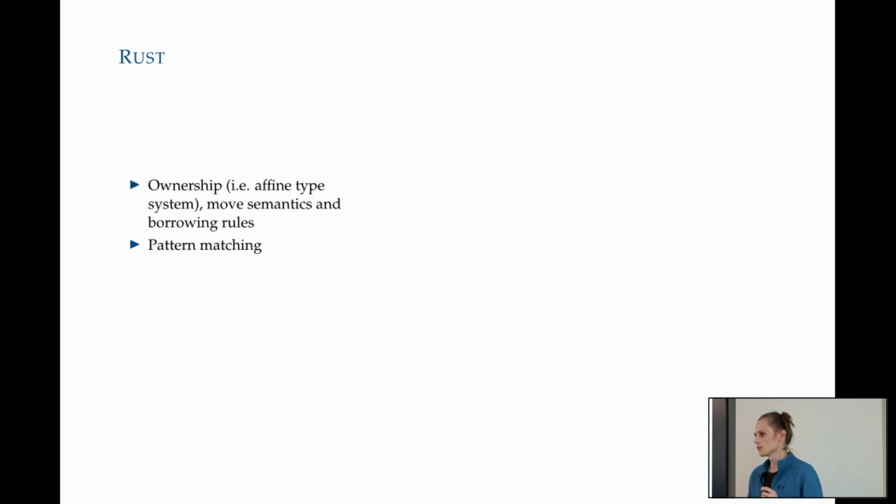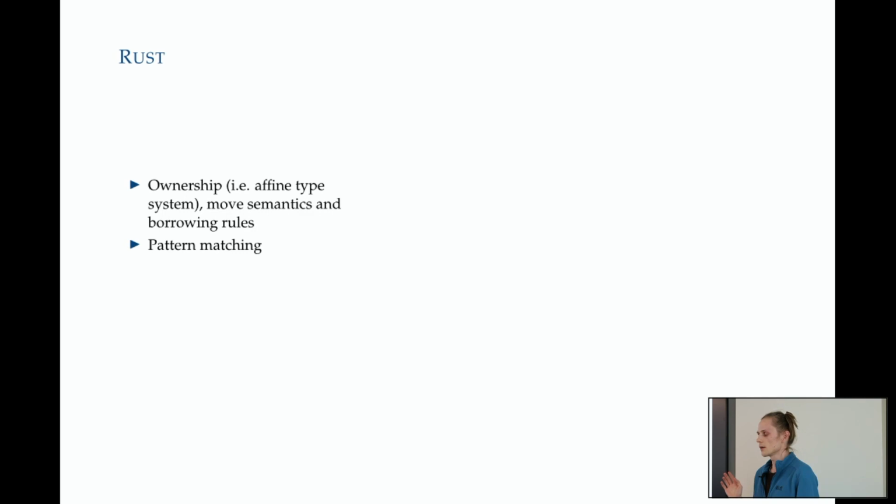If you use it once, then it's gone, so there would be a move. And there are also borrowing rules, which basically means if you want to create a reference, you can create infinitely many immutable references or just one mutable reference. That constraint eliminates a lot of issues you have with dangling pointers, and also eliminates a lot of race conditions you can generate in your program.